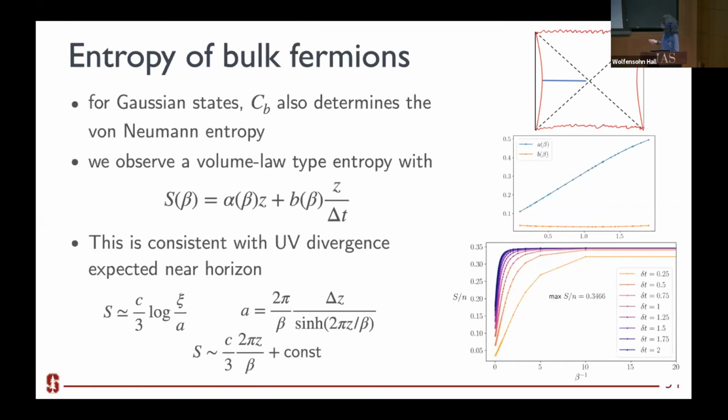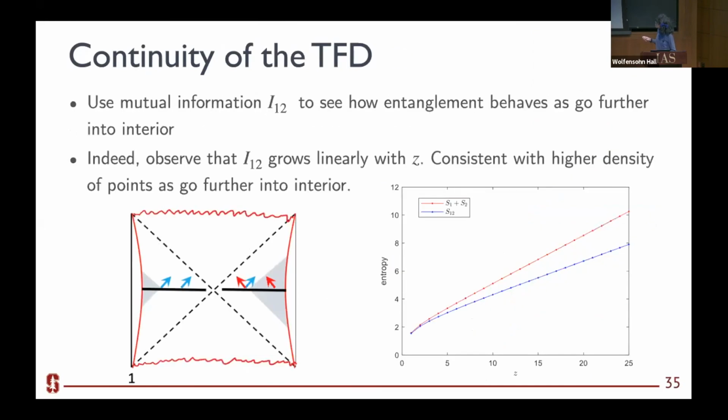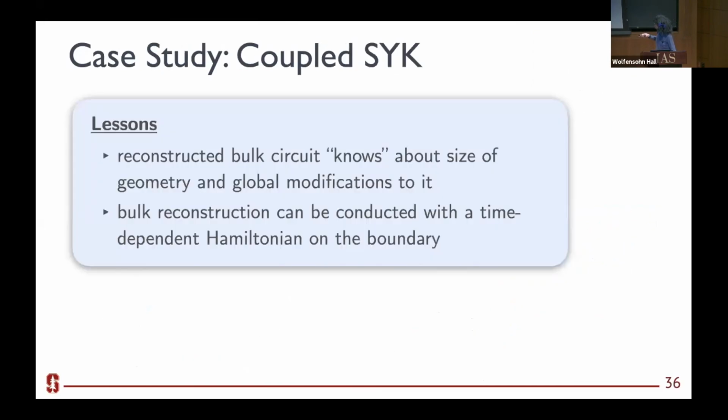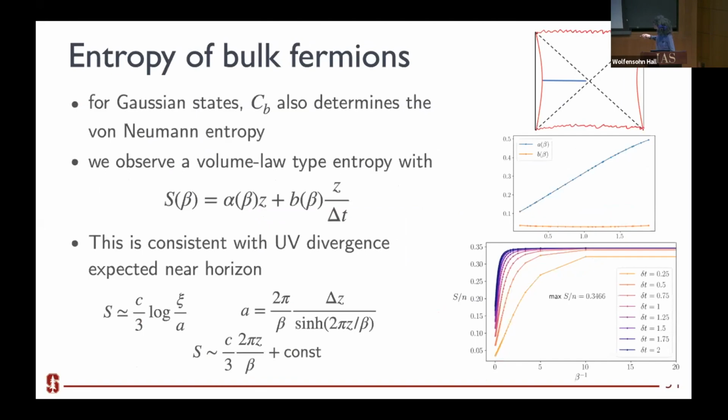Okay, next, because we have an explicit construction, we can examine the entropy of the bulk fermions along this line. And we observe an interesting behavior as a function of inverse temperature. In fact, looking at that behavior as a function of our discretization, we are able to extract a relationship for the entropy as a function of beta given by this expression here.